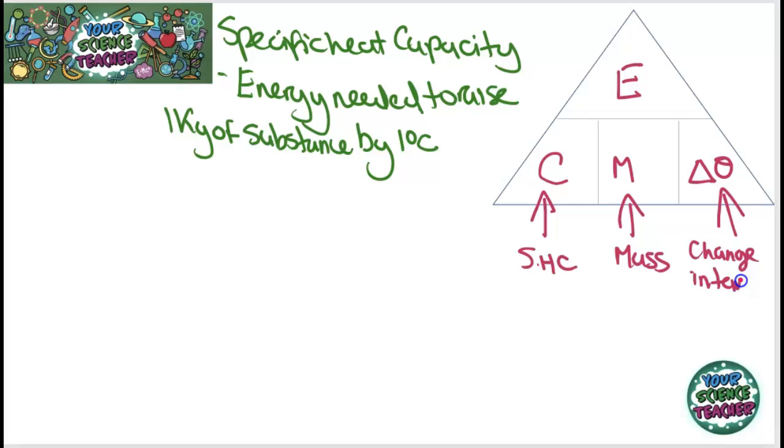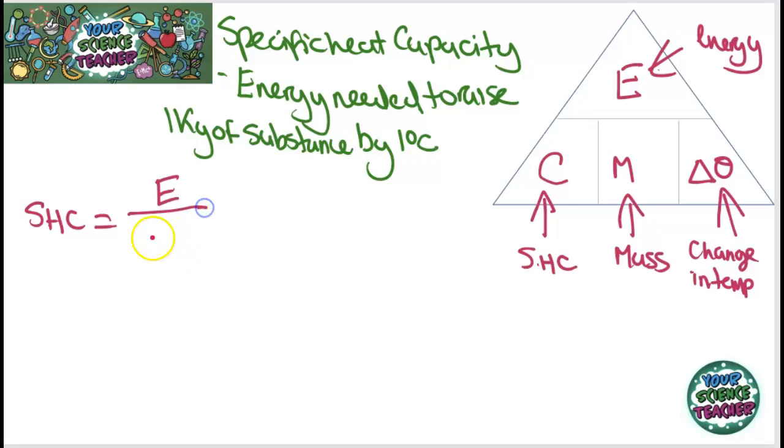And of course, on top you have the energy transferred. So if you wanted to calculate the specific heat capacity of a material, you need to do the energy transferred divided by the mass times the change in temperature.